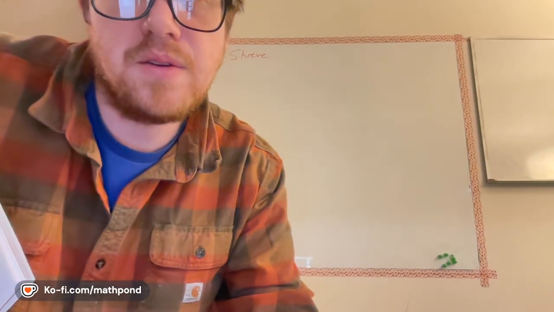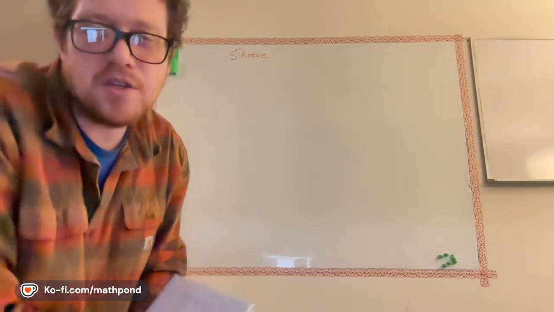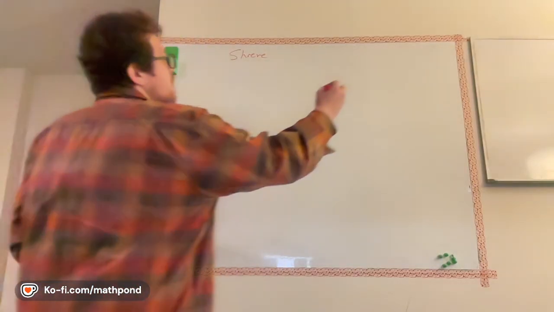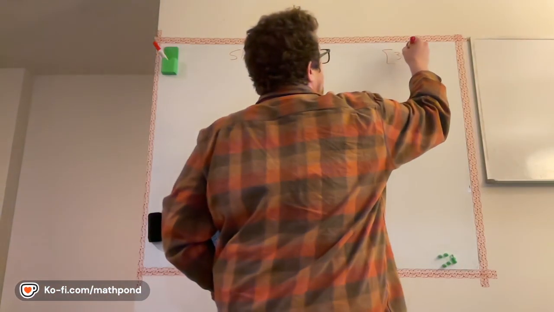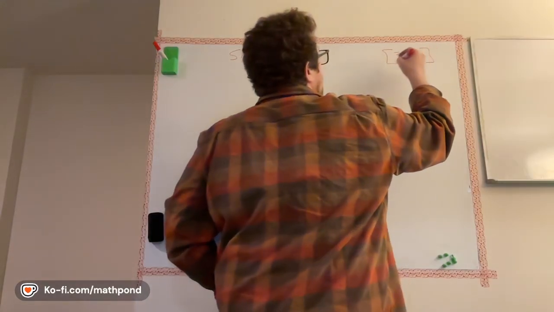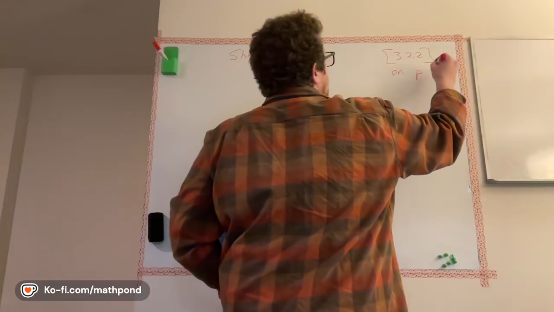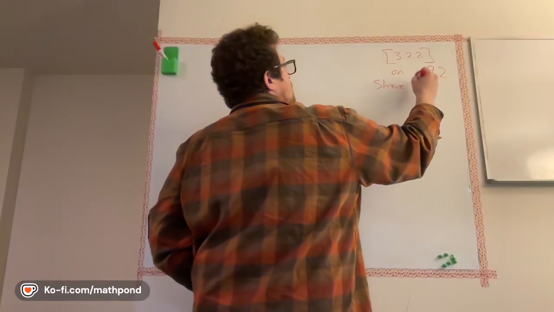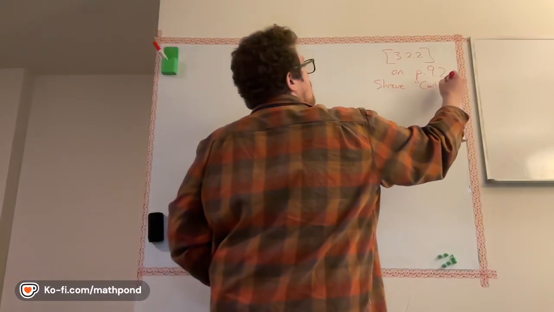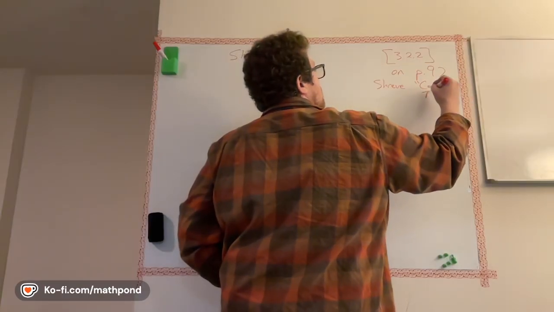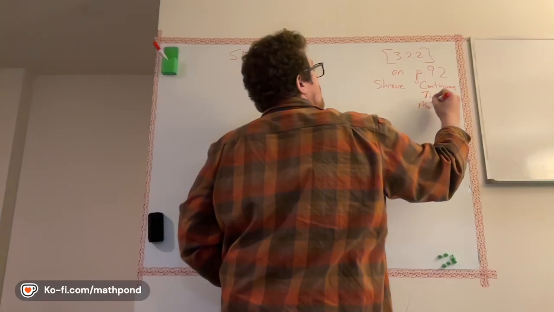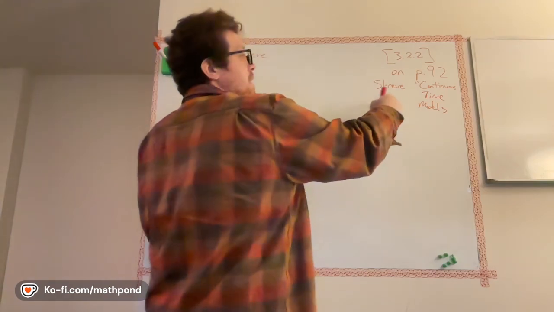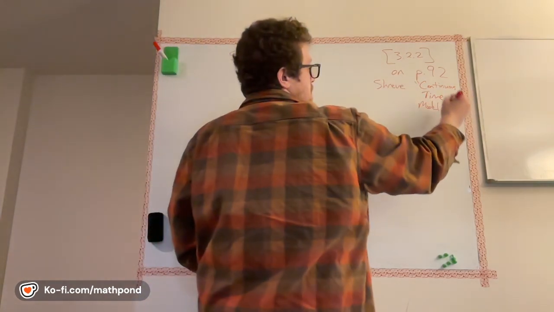Yeah, this is Theorem 3.2.2 on page 92, and this is the second Shreve book, Shreve Continuous Time Models, I think it's called. There's Stochastic Calculus for Finance 2, and then Continuous Time Models is the whole title.